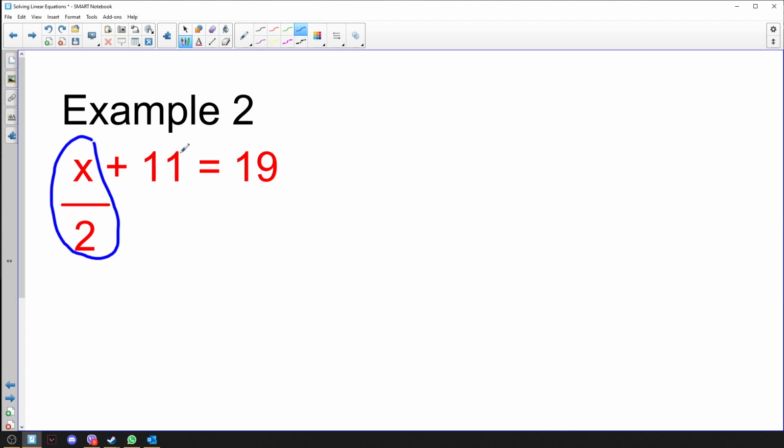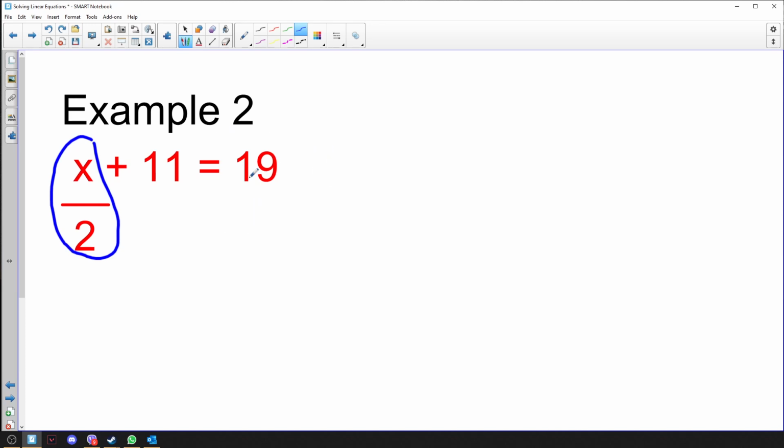Now, I can bring this 11 over, becomes minus 11, so it has to equal 8. I'm trying to find a number that goes here that will give me 8, because 8 plus 11 equals 19.